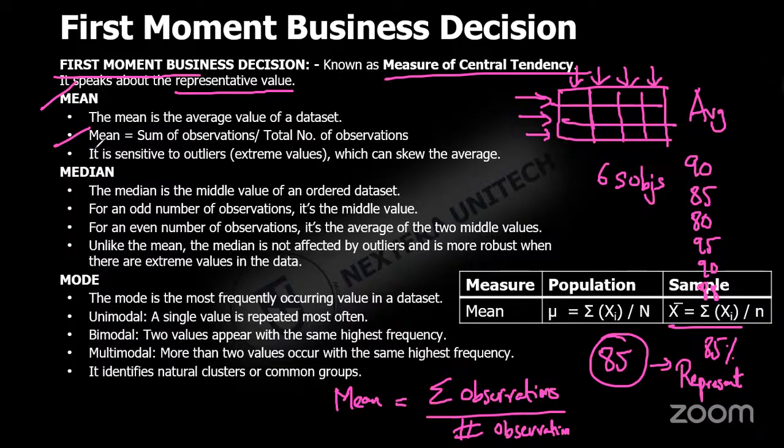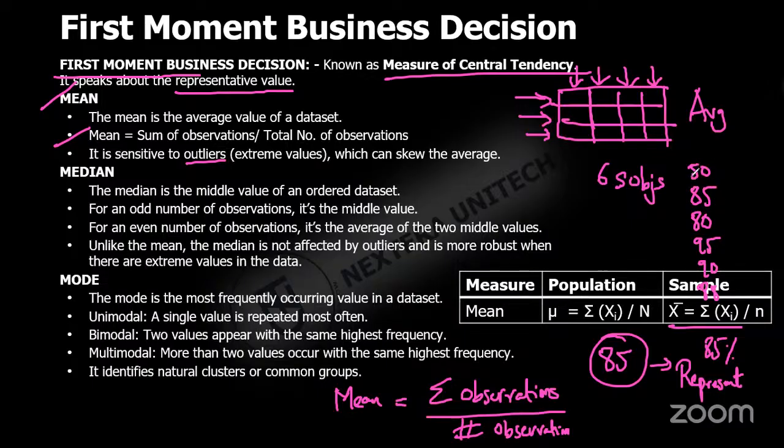But this mean has a disadvantage. You know what is the disadvantage of considering mean? Mean is sensitive to outliers. What are these outliers? Outliers are nothing but extreme values in the data. Assume I have secured only 50 marks in a subject.